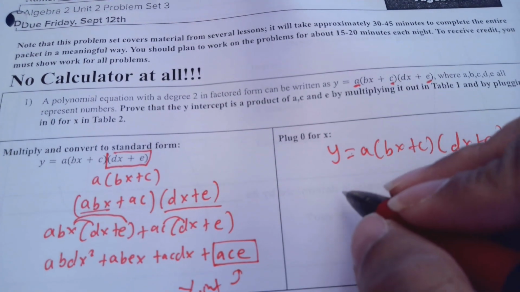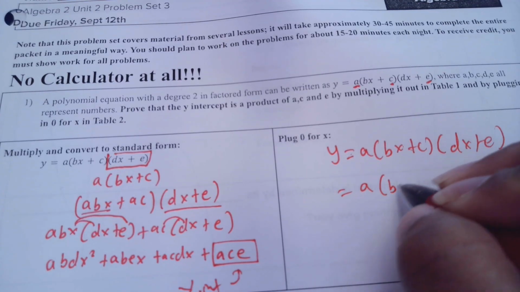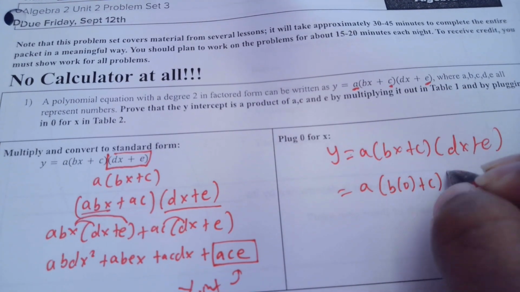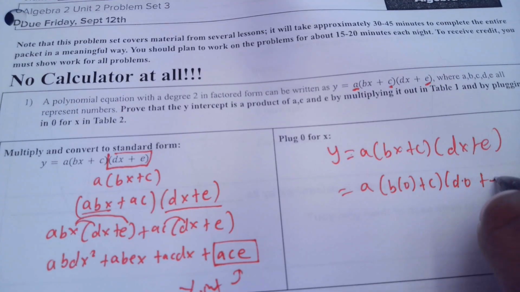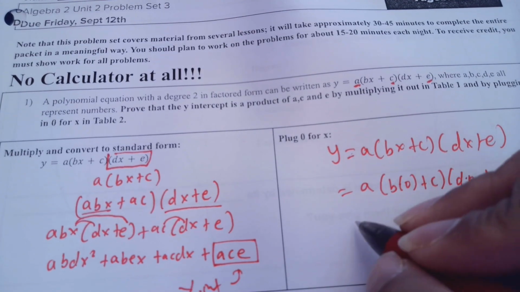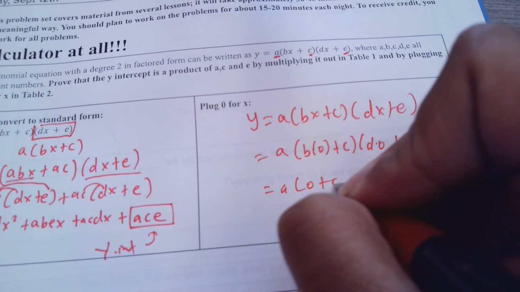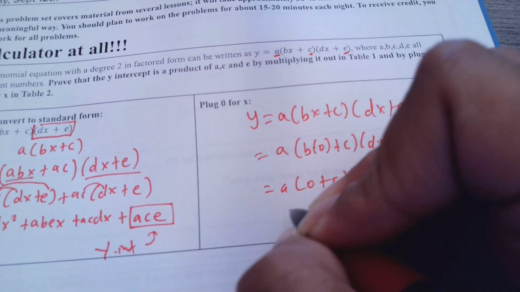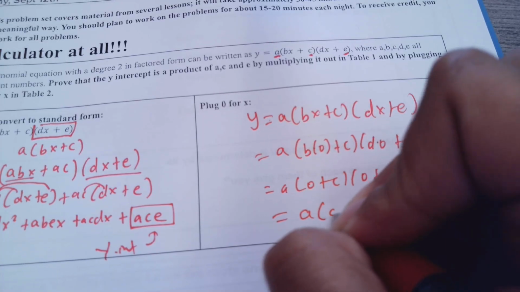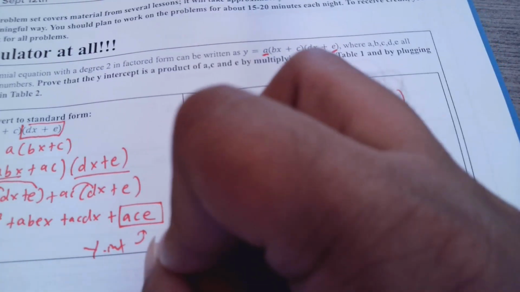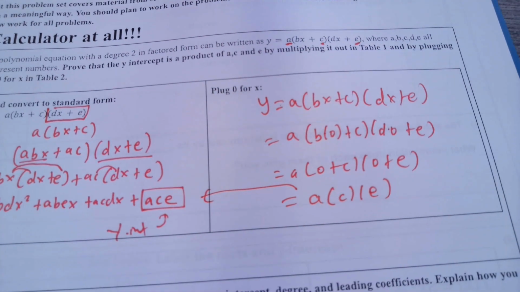If you plug in 0, you get y equals a times b times 0 plus c times d times 0 plus e, right? b times 0 is 0, d times 0 is also 0, so it's the product of a times c times e, which is also what we have here, right?